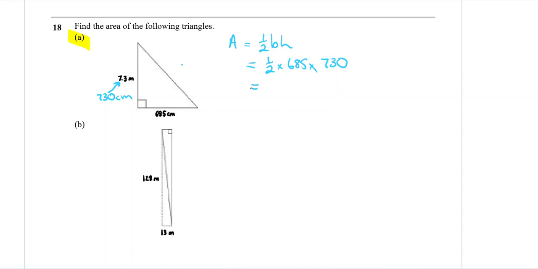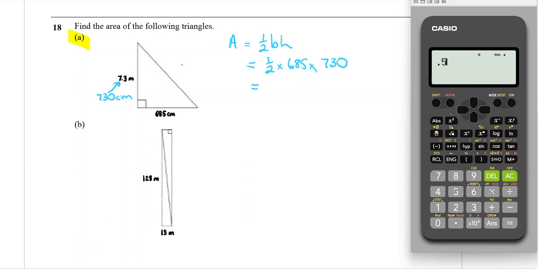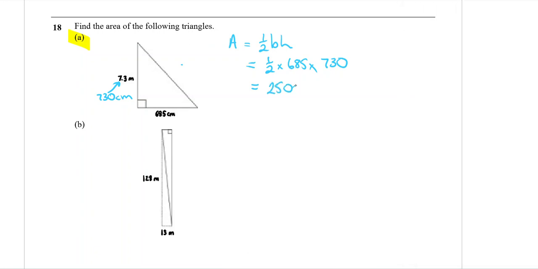You could have changed that one into meters and you would have had an answer in meters squared. That would also be okay. So 0.5 times 685 times 730 is a very big number. Centimeters squared.